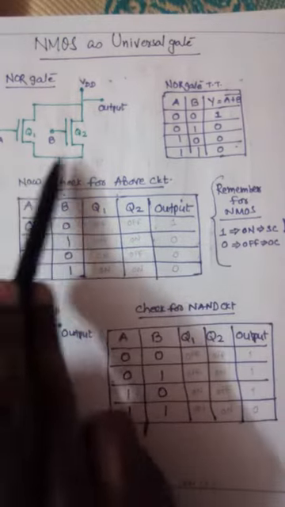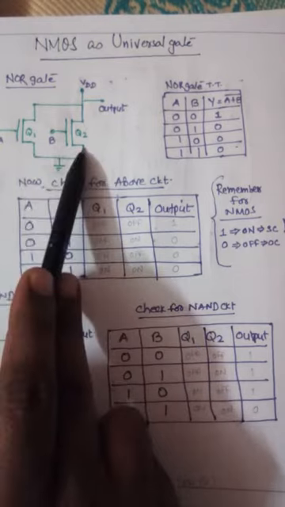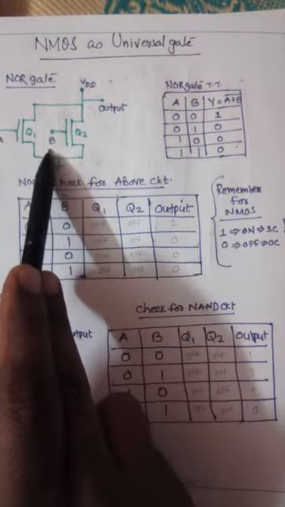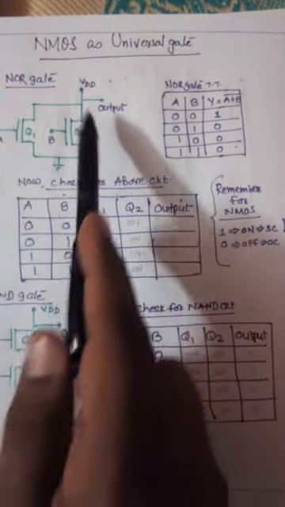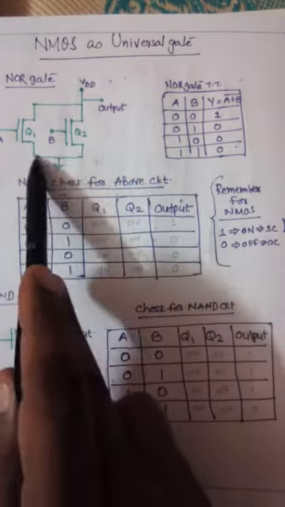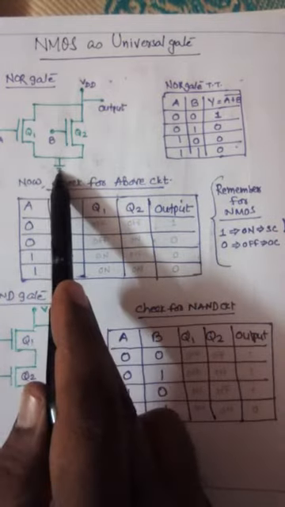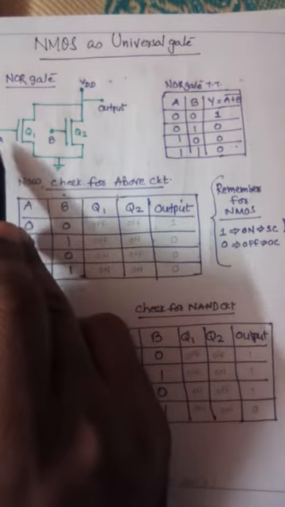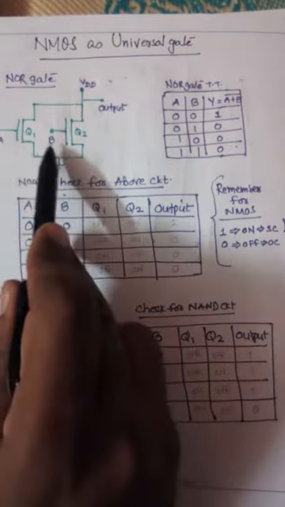Here Q1 and Q2 are NMOS type MOSFETs, A and B are the inputs at the gate terminals, VDD is given to the drain, and the sources are connected together with the ground. Now check our four possibilities of input for the two inputs A and B.